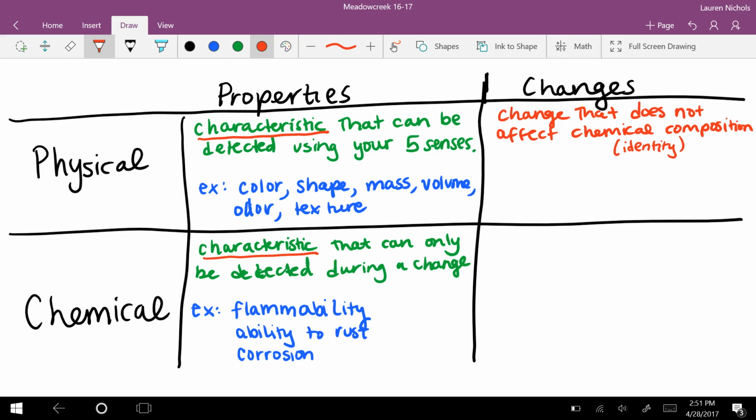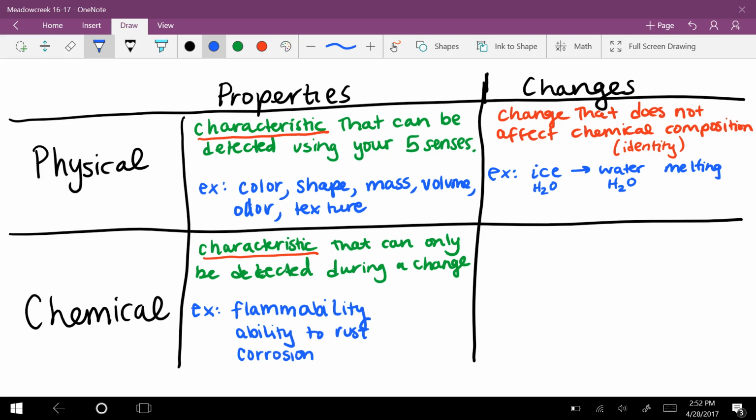So for example, when I go from ice to water, we call that melting, all right? But it doesn't change the identity. It starts off as H2O, and after it melts, it is still H2O. That's a physical change.